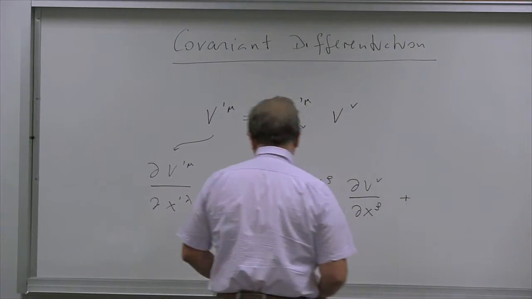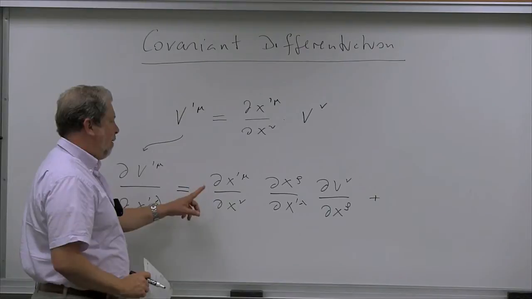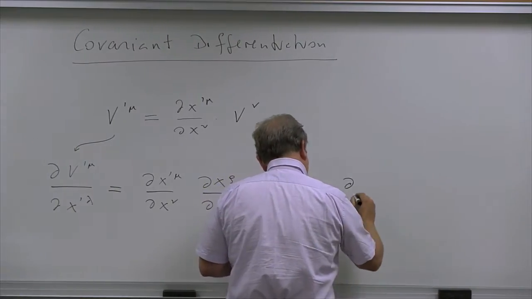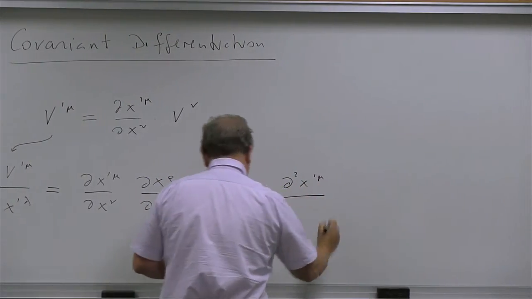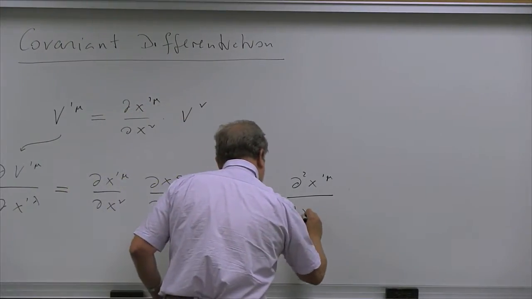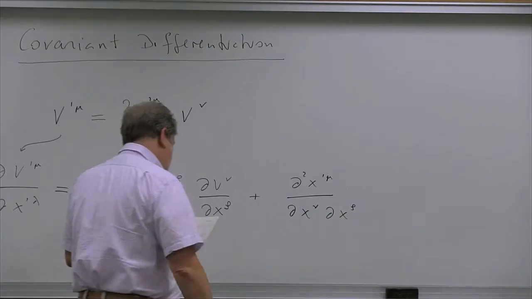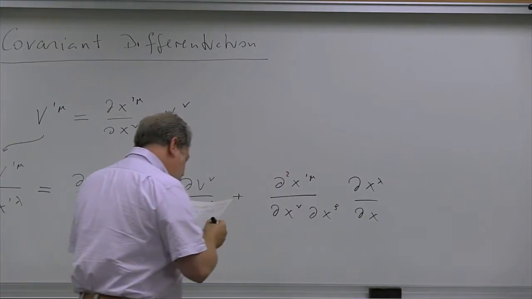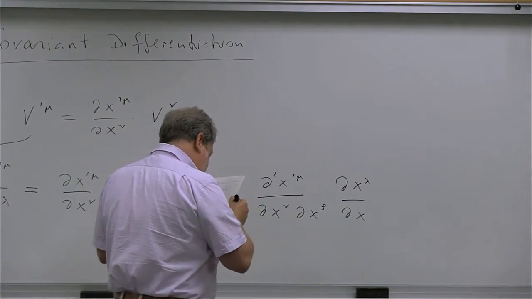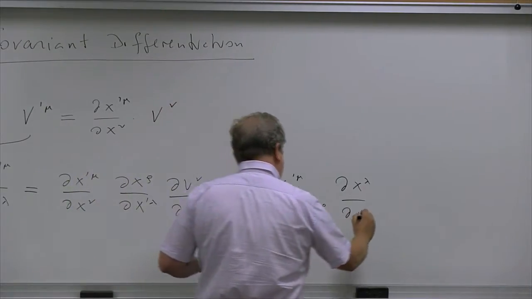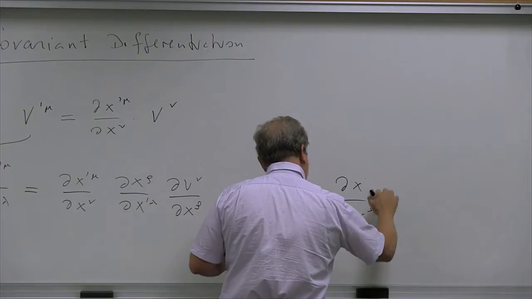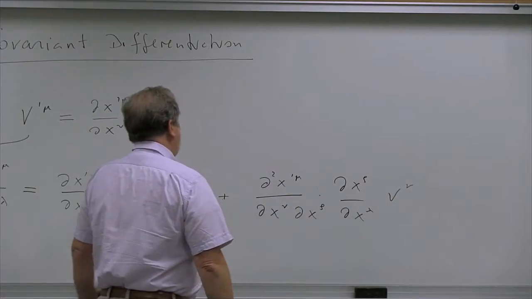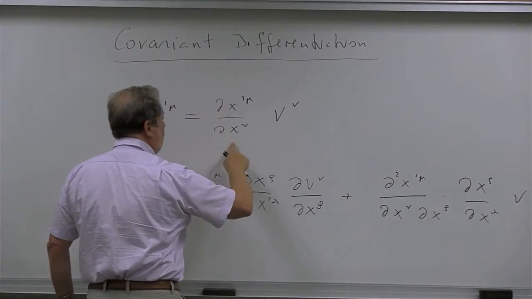The second term is the derivative of this prefactor, which is now a second derivative of x prime mu with respect to x nu and x rho, times the derivative of x rho with respect to x prime lambda, and then times v nu. That's the second term.